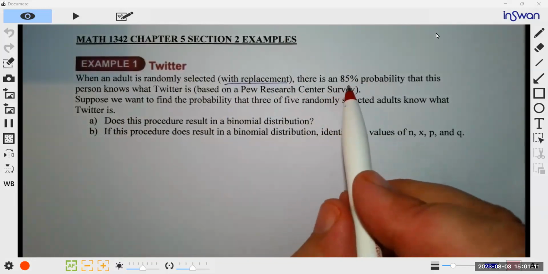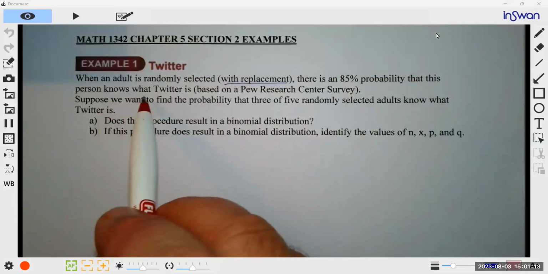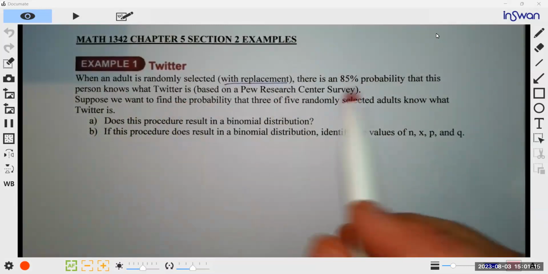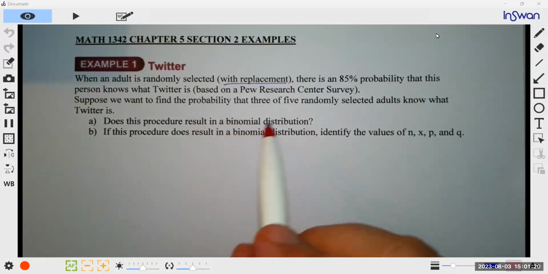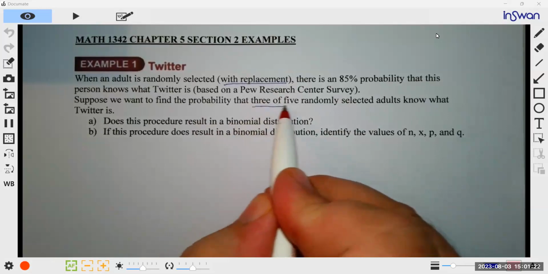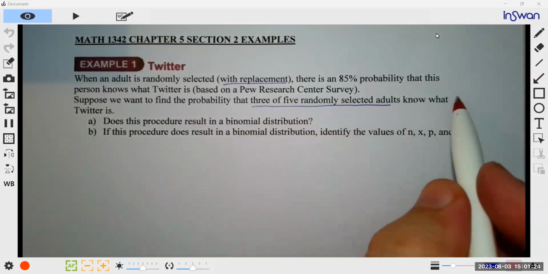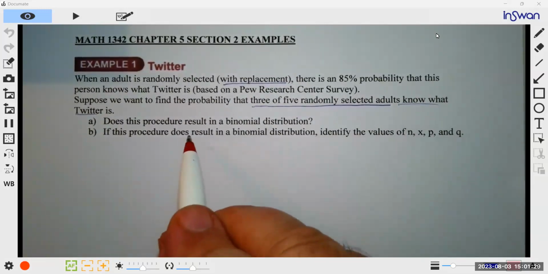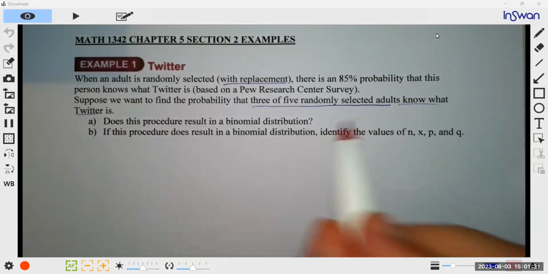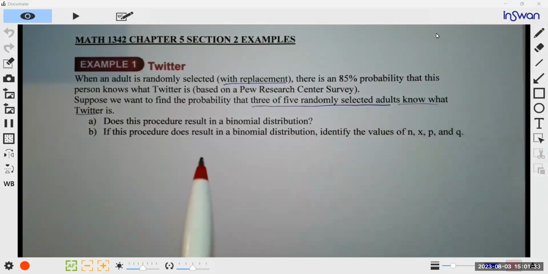There is an 85% probability that this person knows what Twitter is based on a Pew Research Center survey. Suppose we want to find the probability that three of 5 randomly selected adults know what Twitter is. Does this procedure result in a binomial distribution? If this procedure does result in a binomial distribution, identify the values of N, X, P, and Q.